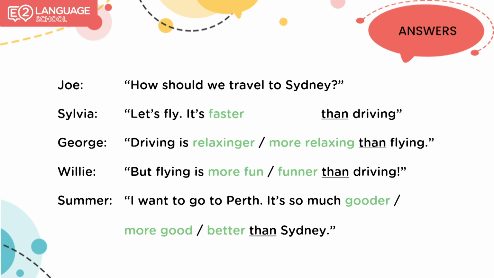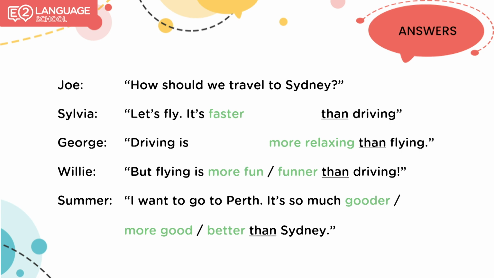Grandpa George responds by saying, "Driving is more relaxing than flying." Now, relaxing has got 3 syllables, relaxing. So we need to add more in front. Okay, now, this one was a trick question.